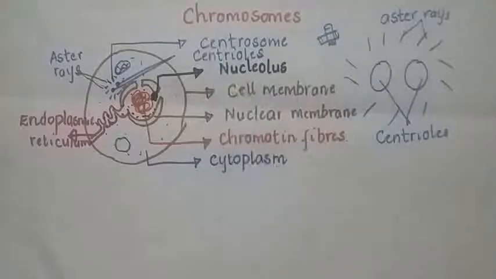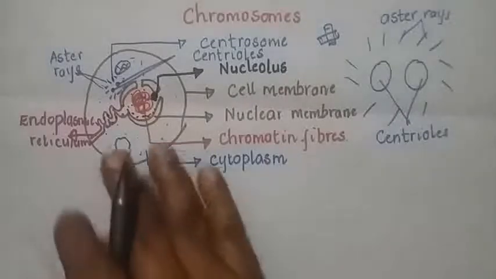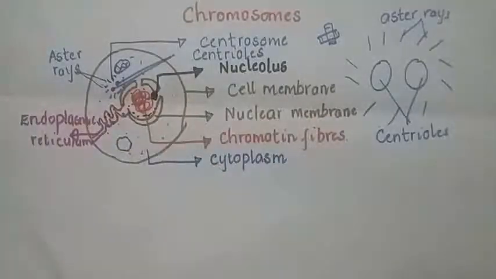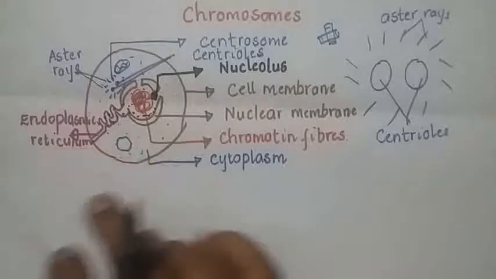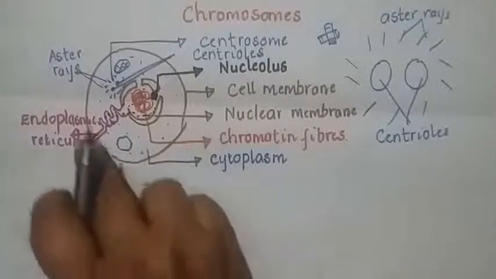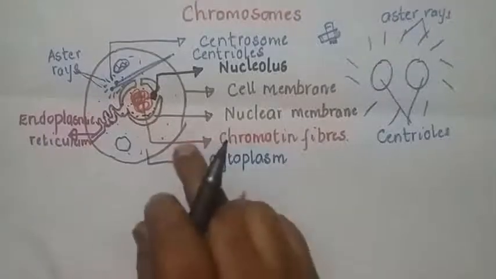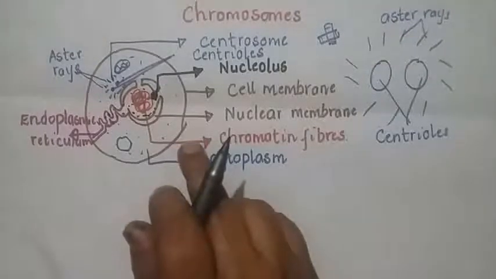Okay, then how about the plant cell? In case of a plant cell, you find all these structures. Along with these structures, we also find one more layer surrounding the cell membrane, that is the cell wall. Fine.